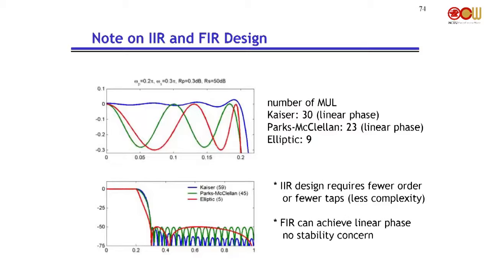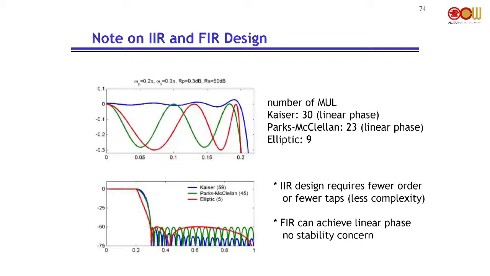So if you exploit the linear phase property, then the difference between these two looks less dramatic. Before it was 5, fifth order elliptic, versus the Kaiser window 60, so many times more coefficients.